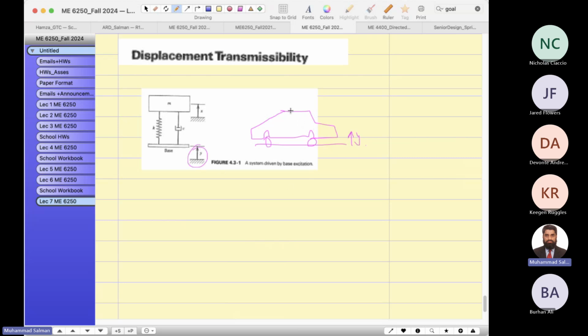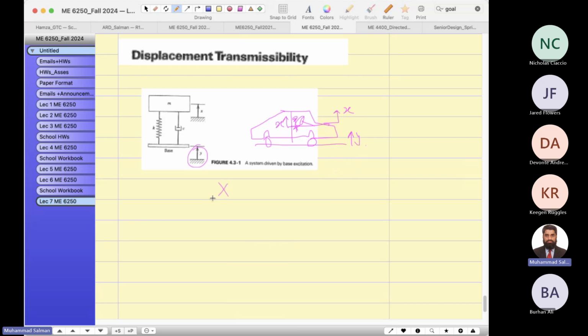And in the car you are sitting over here, and the passenger has their own vibration X. I would say this is vibrating at X. So the passenger is vibrating with the degree of freedom X.